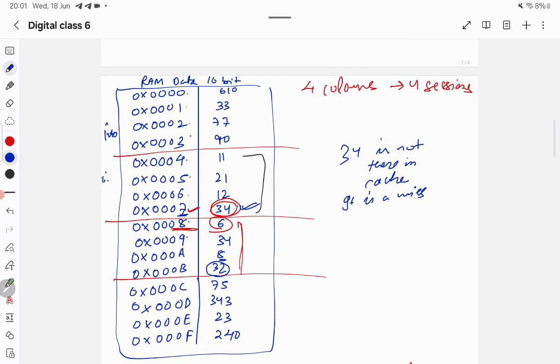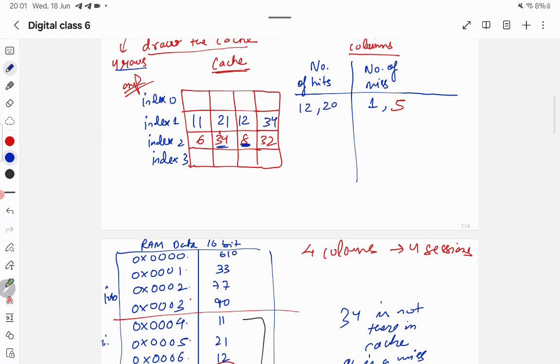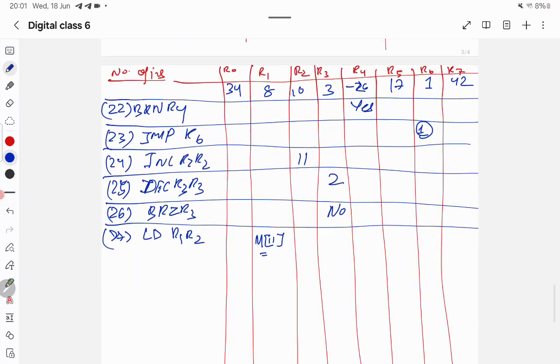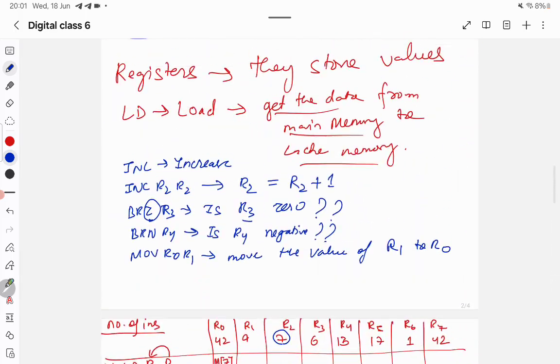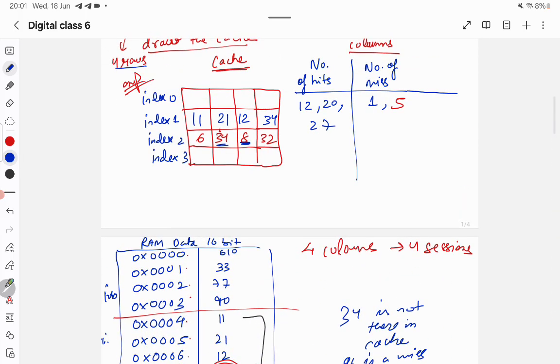Tell me. We have already copied 32 here. So let's write this 32, and at 27 there is a hit, right? So you will name it 27. Keep on writing. Did you understand how it works? Yes.